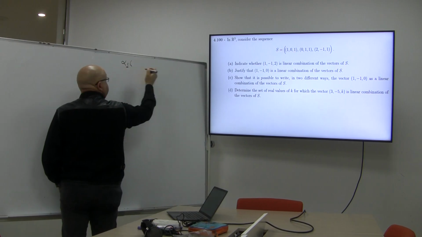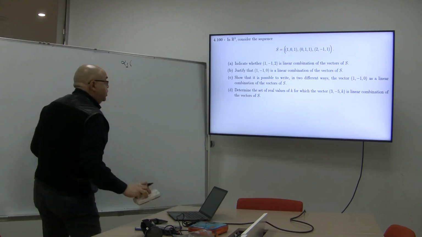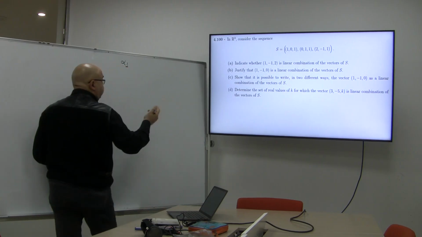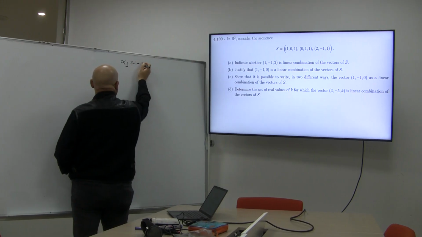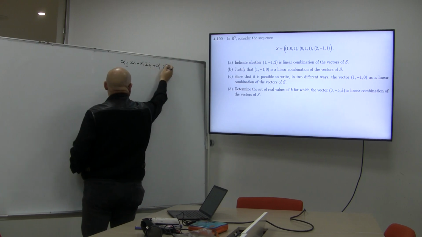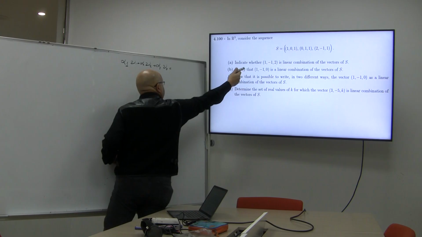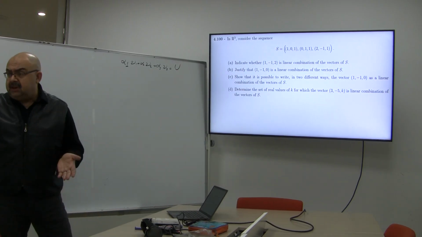Let me write the equation first, then we can do a substitution. We have three vectors, so I write alpha 1 times v1 plus alpha 2 times v2 plus alpha 3 times v3, which is supposed to equal the vector that you are studying, to see if they can work as a linear combination.